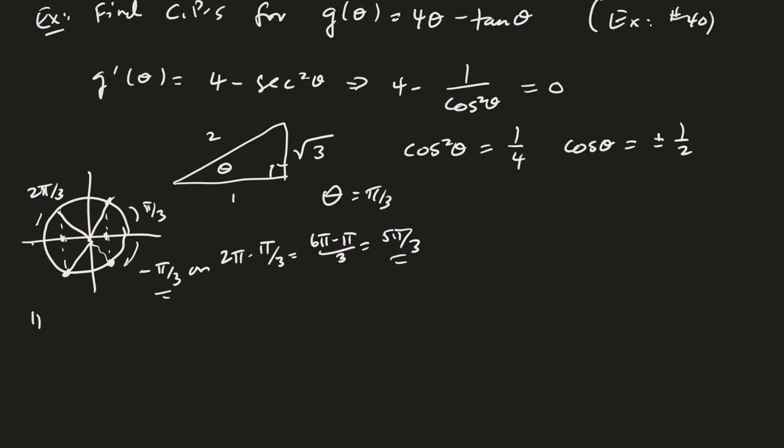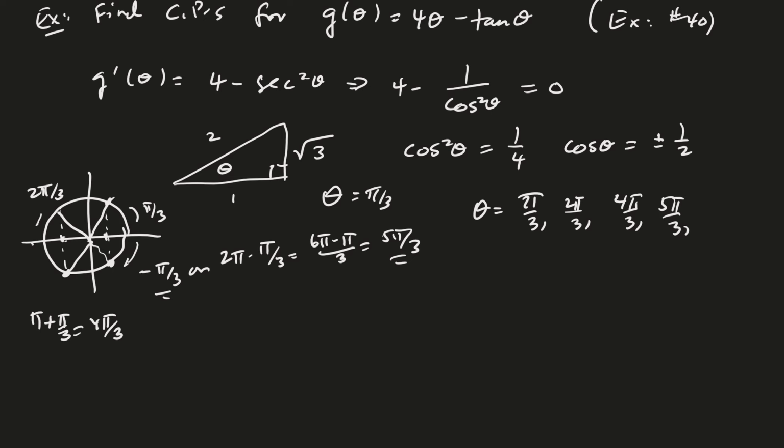Pi plus pi over 3 is 4 pi over 3. So we see that theta is equal to pi over 3, 2 pi over 3, 4 pi over 3, 5 pi over 3, plus or minus 2 pi. Oh, maybe we should say, or multiples of 2 pi. We can add multiples of 2 pi. Okay, sorry about that. Good.